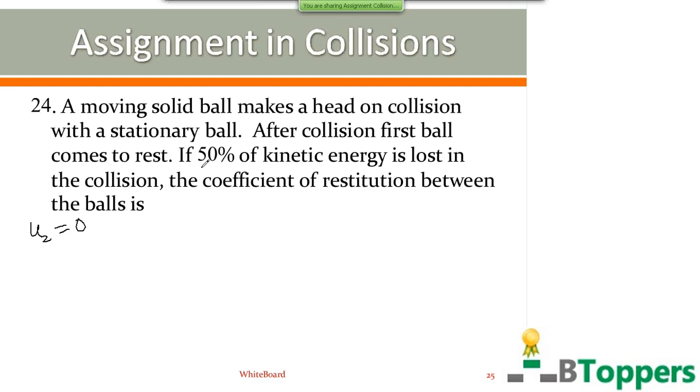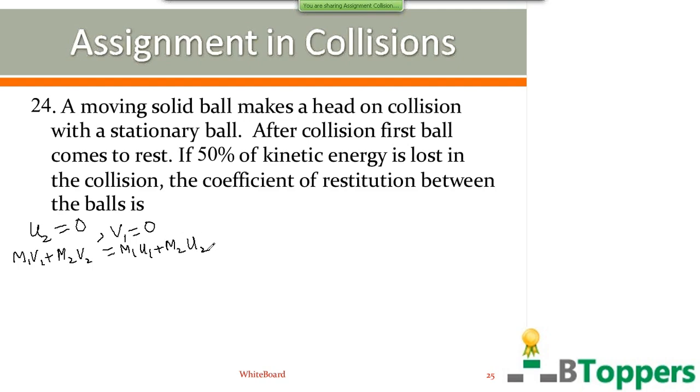So first, it is given that after collision, the first ball comes to rest. So v1 is 0. Before collision, the second ball is at rest, so u2 is 0. Applying conservation of momentum, m1 v1 plus m2 v2 equals m1 u1 plus m2 u2.